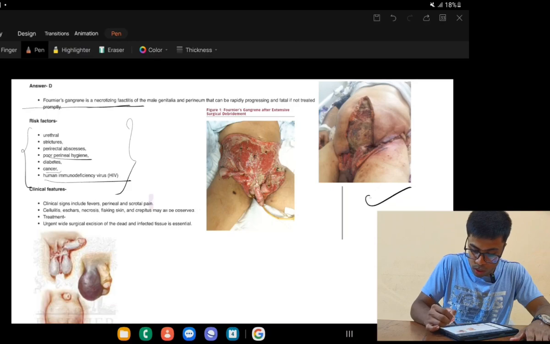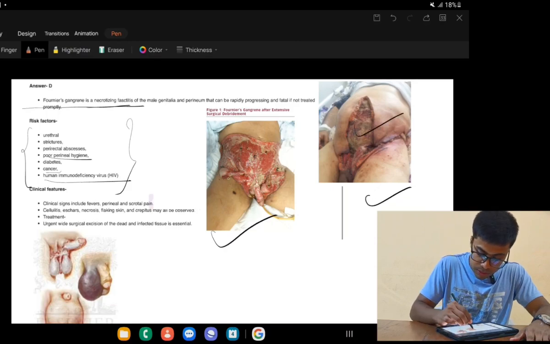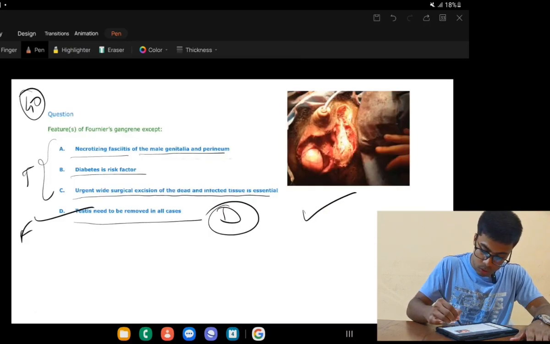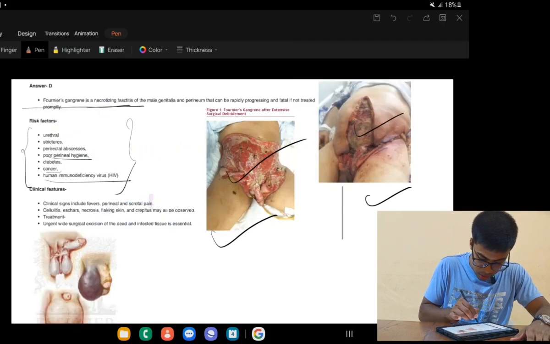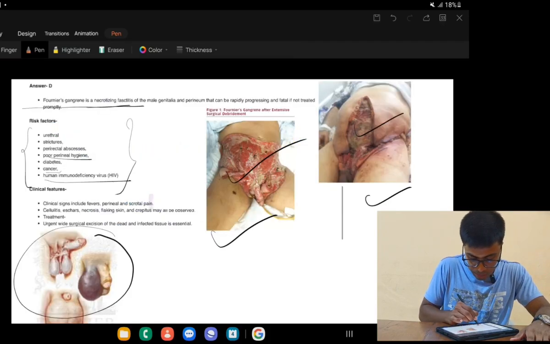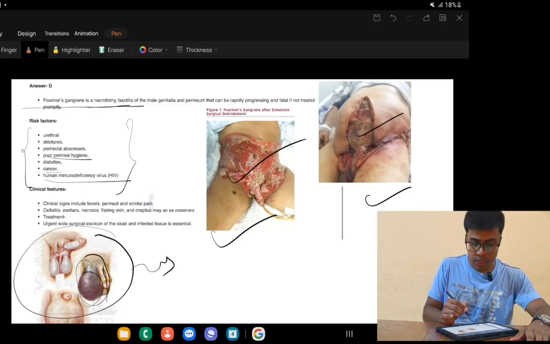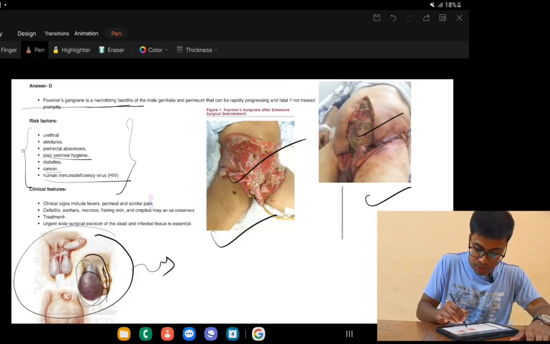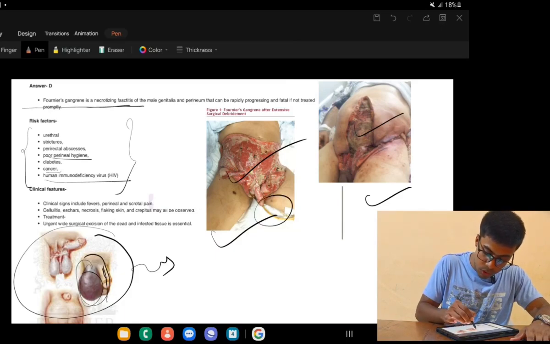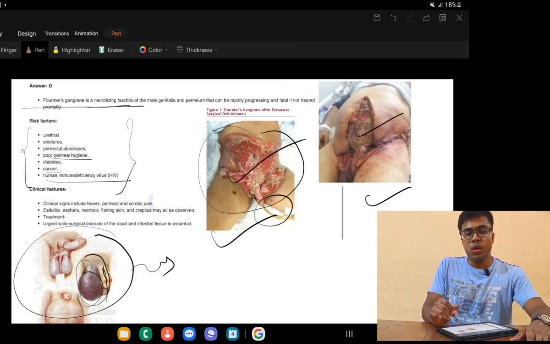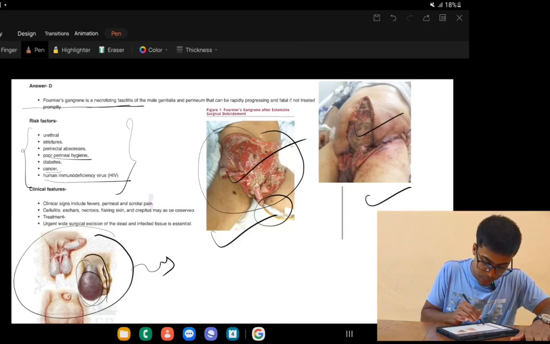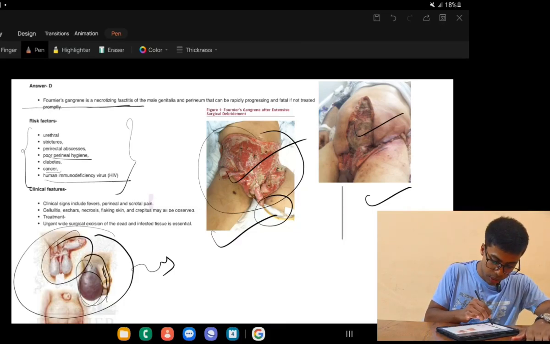These all look the same, but the image can be like this: septal hematoma will be there, with a Foley's catheter inside, and we will be confusing it. So you should not confuse, because in this also there is a Foley's catheter, but you have to see the openness and necrotizing fasciitis. Sometimes it can be shown like this also, so you should not get confused.